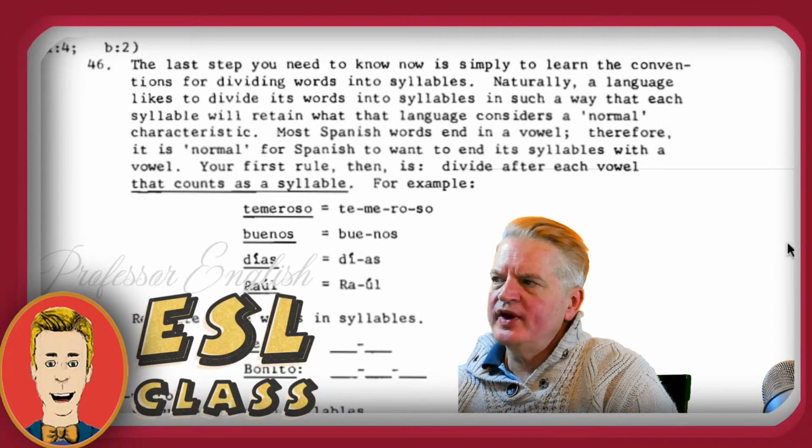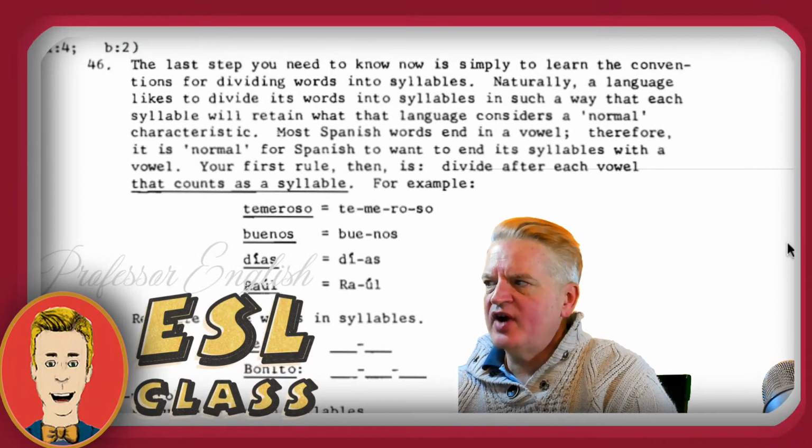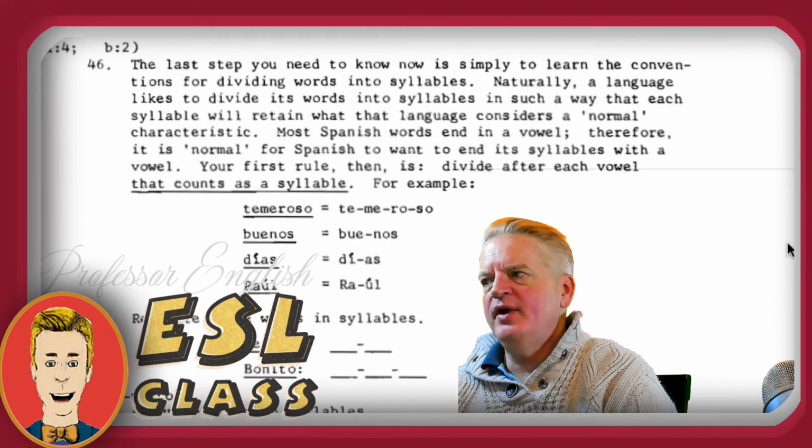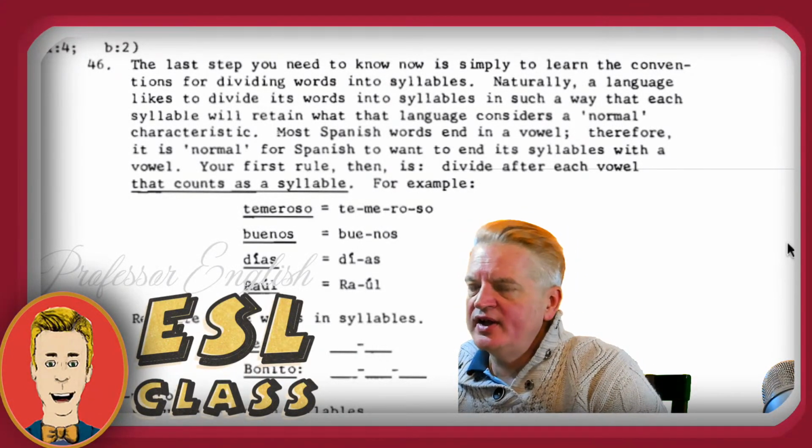Your first rule then is divide after each vowel that counts as a syllable. For example, temeroso. So as a rule, the syllable likes to end in a vowel.